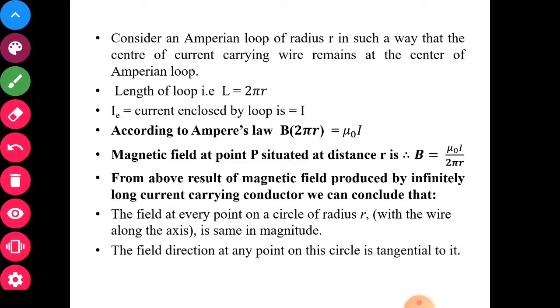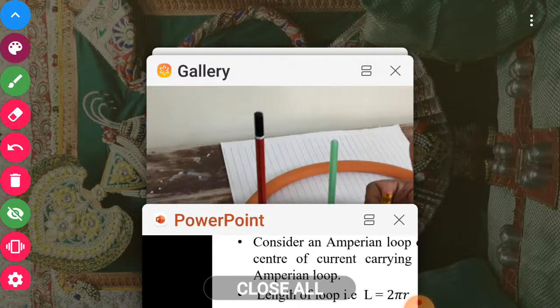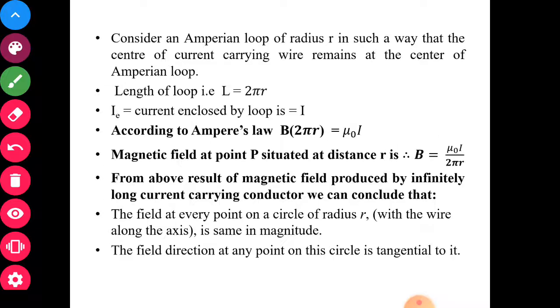Now try to understand this way. If you want to find the direction of the magnetic field, then you just have to consider the right hand thumb rule again. This is your current carrying conductor.